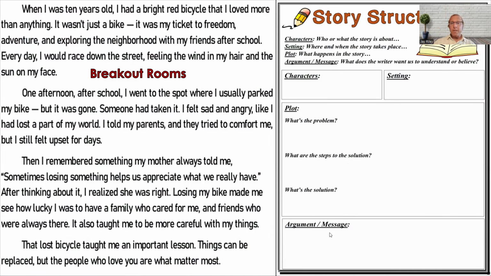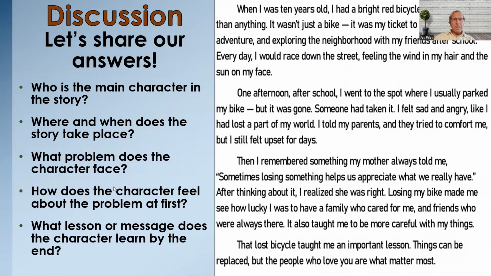And the argument or the message is that the people we have in our lives, the people who we love and who love us, are far more important than material things that we are attached to, like a bicycle. So we went over all of these things here: how the character feels, the problem.